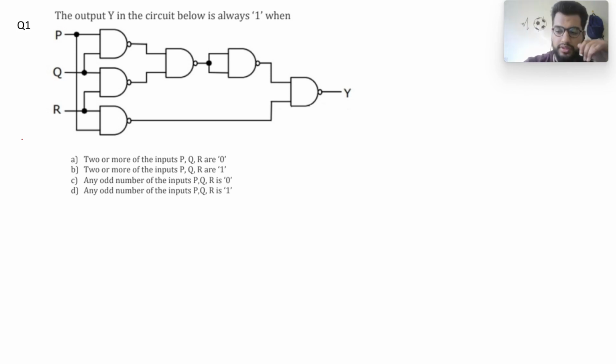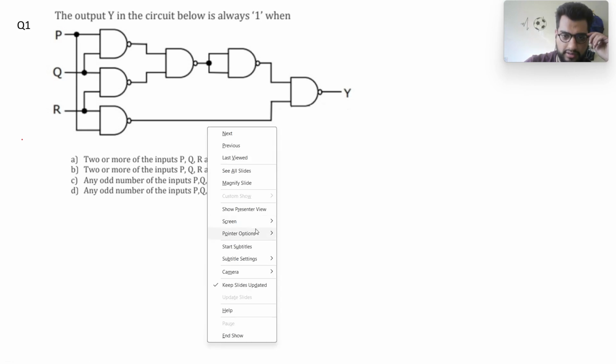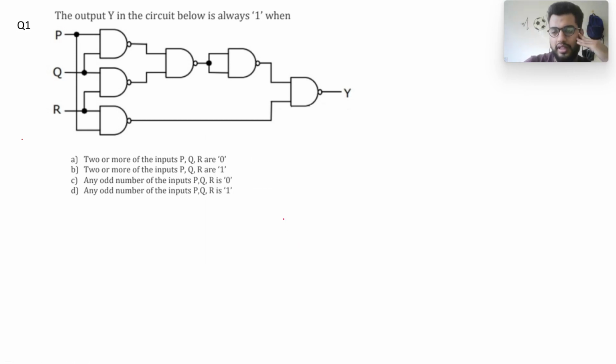If you remember, some of the students who were also present earlier in my live sessions, I typically divide the circuits like this and give them labels. In that way, my computation gets easier. At least I'm able to figure out the things that are happening, so the chances of making minor mistakes are less.